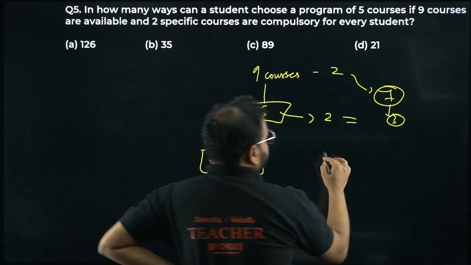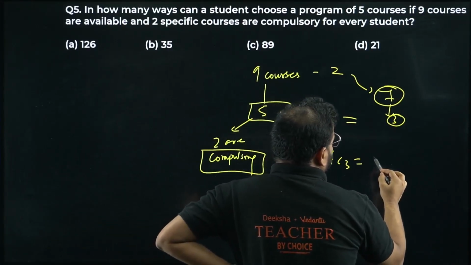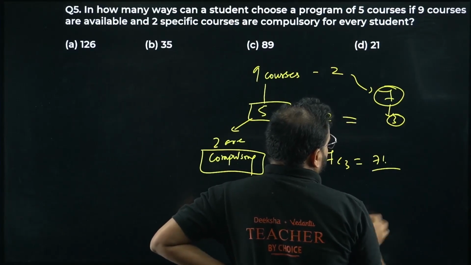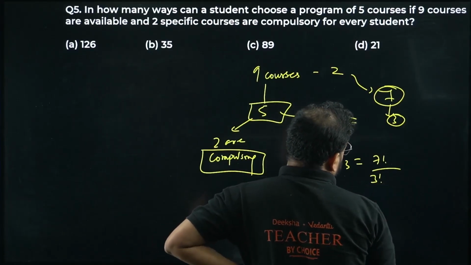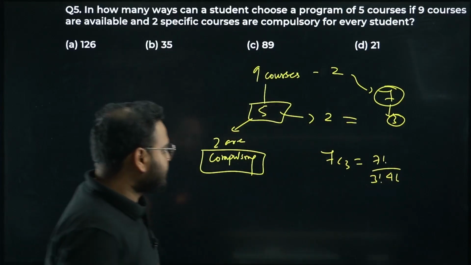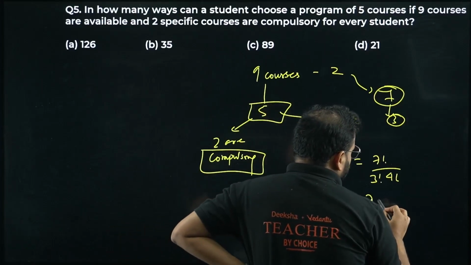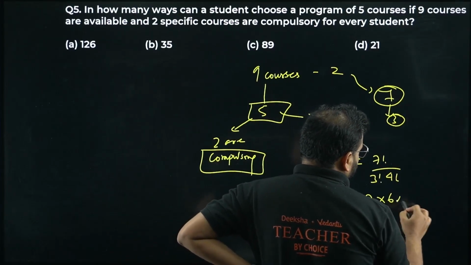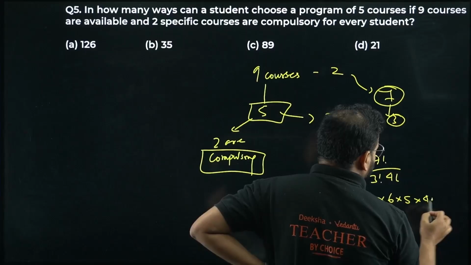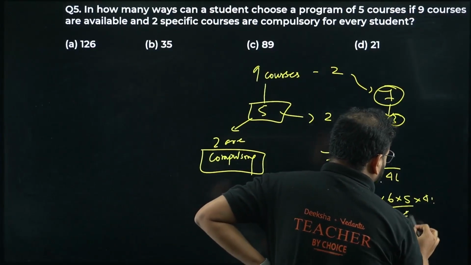What do I get now? 7C3. It will become 7 factorial upon 3 factorial times 4 factorial. So I get here 7 into 6 into 5 times 4 factorial divided by 3 factorial into 4 factorial.